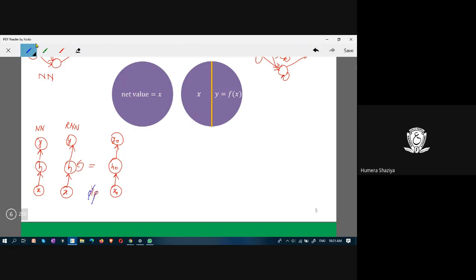This is input layer, this is hidden layer, and this one is output layer.